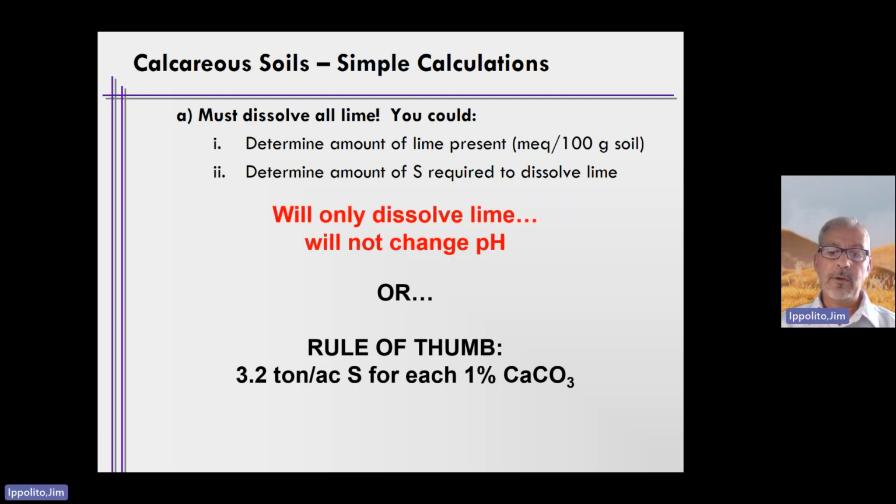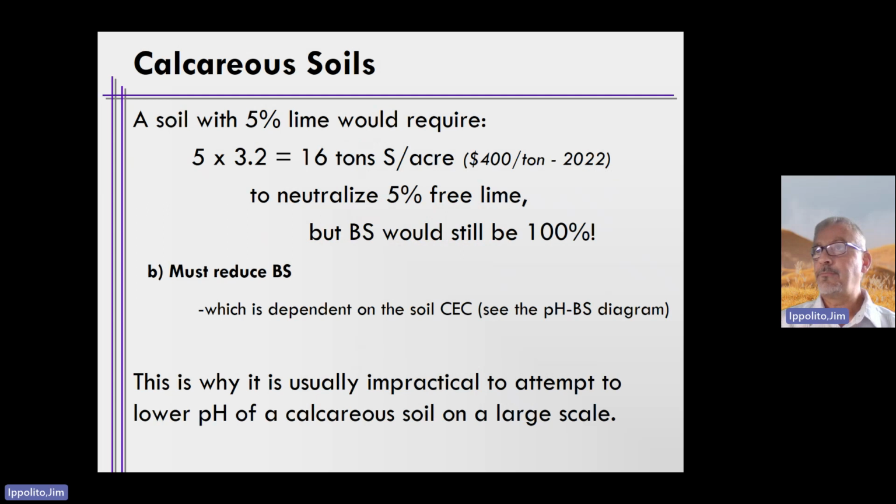And even then, the only thing that does is dissolve the lime. It doesn't change the pH because you still have calcium on the exchange sites. So you need to add even more than 6.4 tons of sulfur per acre to make a change in pH. So this is why this is really impractical, okay?